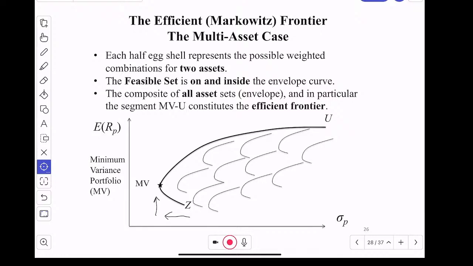So investors would choose a combination of assets, and there would be more than two, but I'm just showing what two at a time would look like.